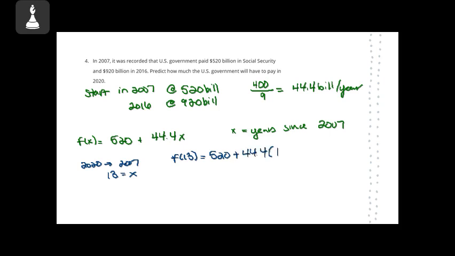And if I take 44.4 times 13, that gives me 577.2 that I need to add to 520. And that is going to give me 1,097.2 billion. Because we have to remember that all of our values back here were in billions. This is the end of the lesson, so you can go ahead and do your homework.